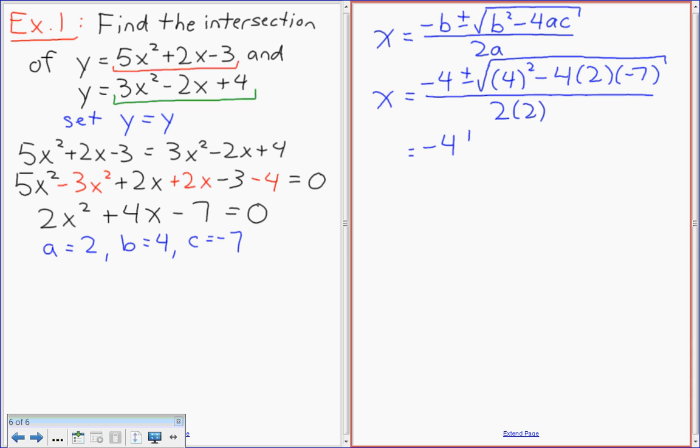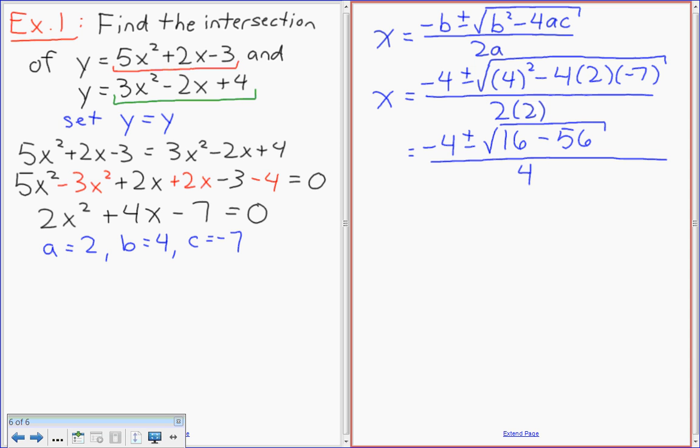All right, Thomas, calculator time, please. 4 squared is equal to? Very good, 16. Now, Thomas, this is a pressure-packed situation. Negative 4 times 2 is? And then times negative 7 is? Okay, negative 56 over 4.